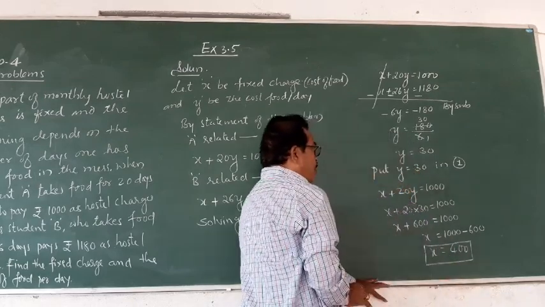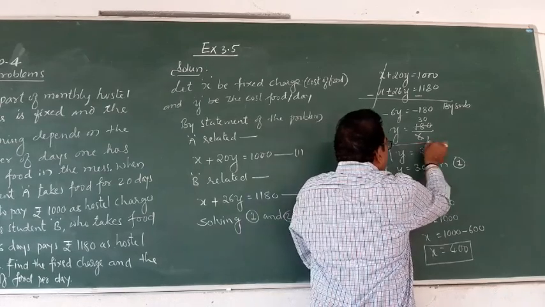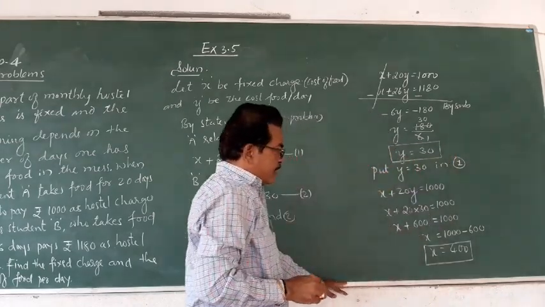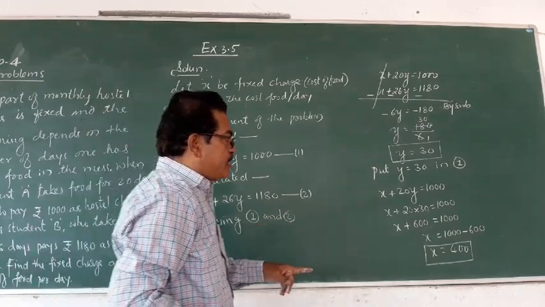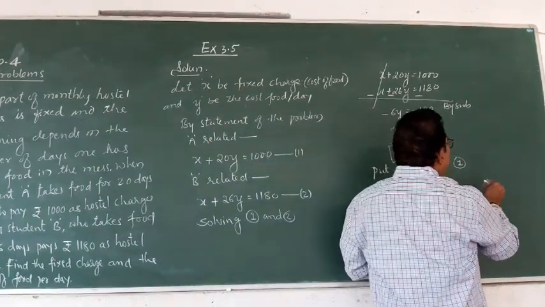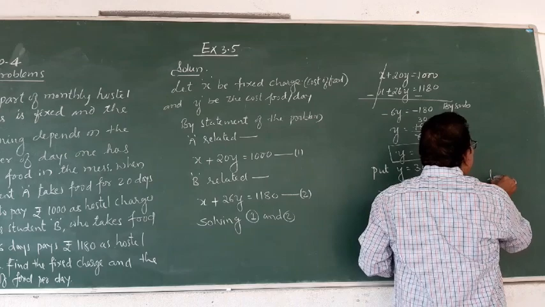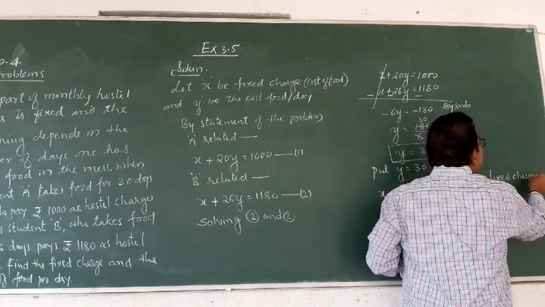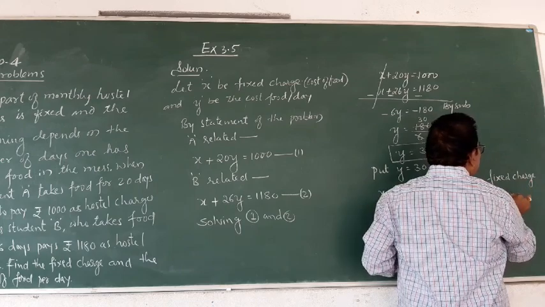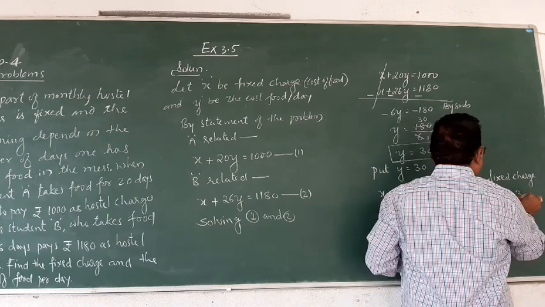See, Y equals 30. What have we considered? Fixed charge, cost of food. Fixed charge X implies 400 rupees.